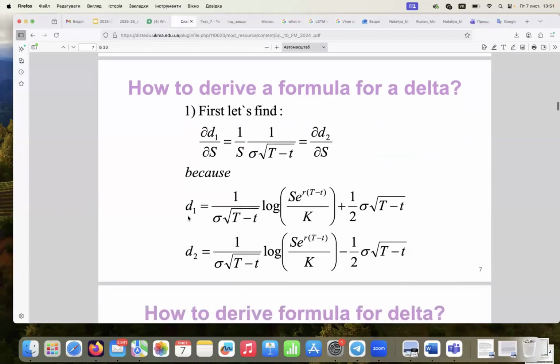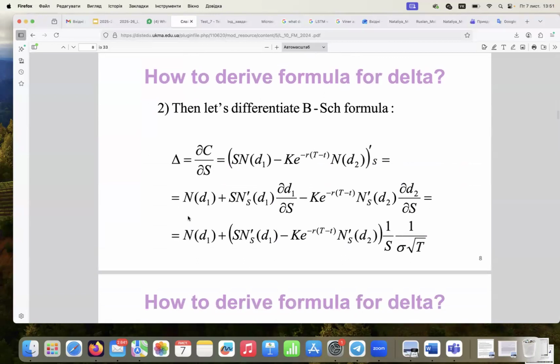After that, we start all these derivatives, and as Volodymyr said already, the derivative of this product is N from d1 plus S times the derivative of N with respect to S, because it is a complex function like the chain rule, multiplied by the derivative of d1 with respect to dS.